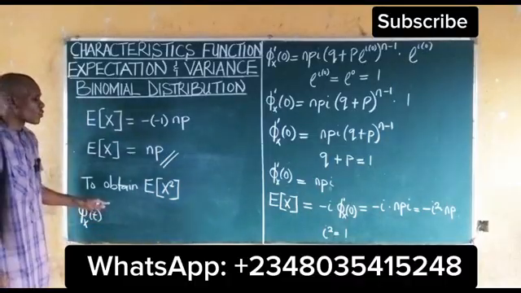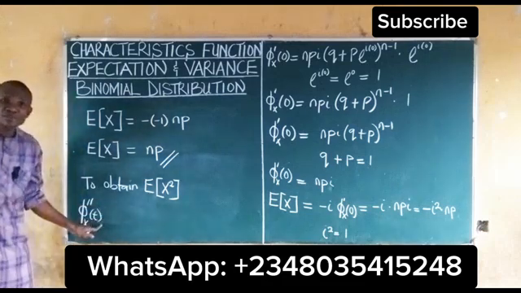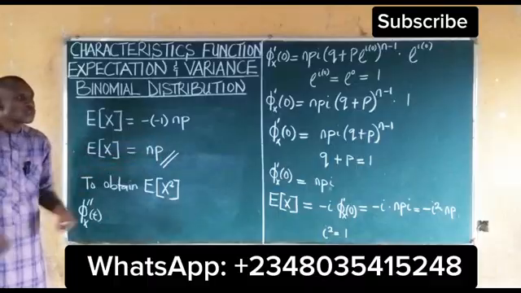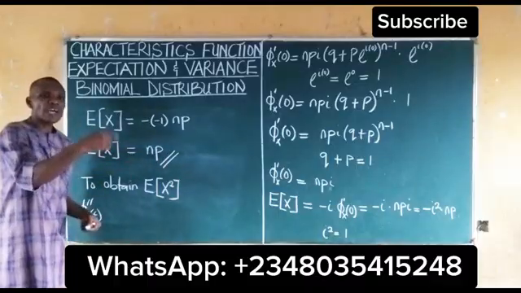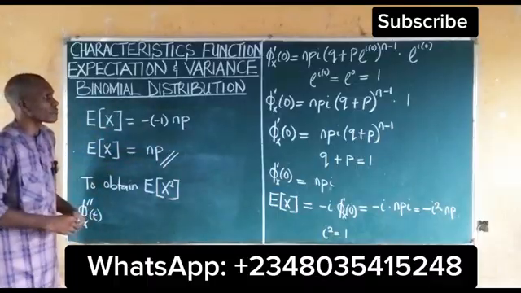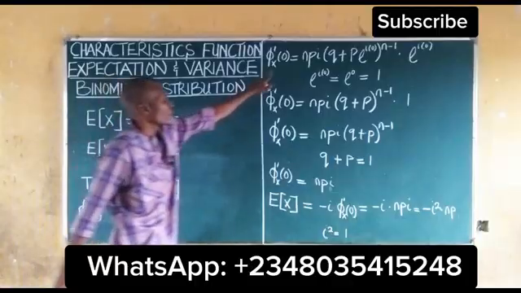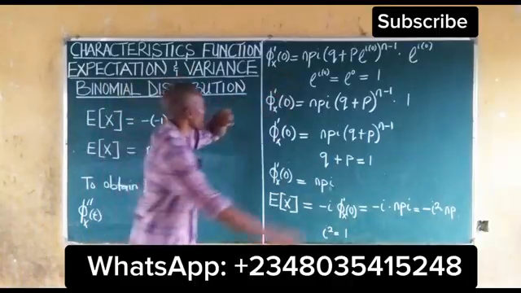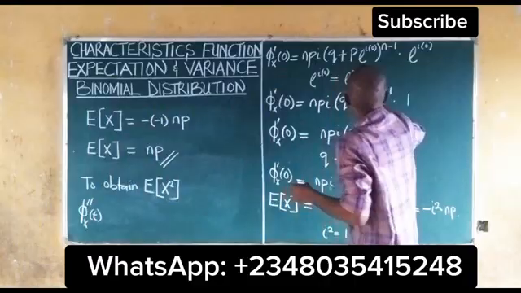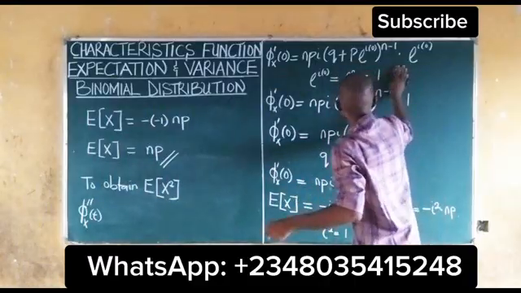Now, to find this, there is something we need to do. We need to recall what we have in our first derivative. So we move over to this side to write what we got in our first derivative.